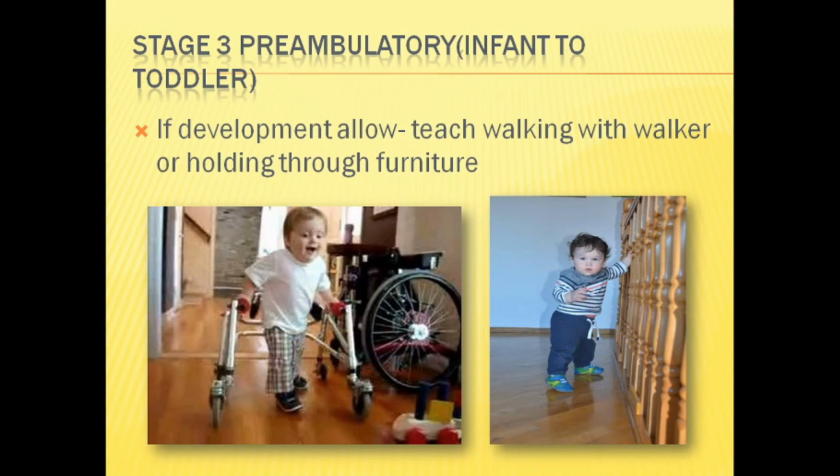Our focus of treatment should be to teach them walking with a walker or holding the furniture, right? But most patients with spina bifida have associated neurological conditions, which may lead to delayed development. So not all patients can reach this level in stage 3.